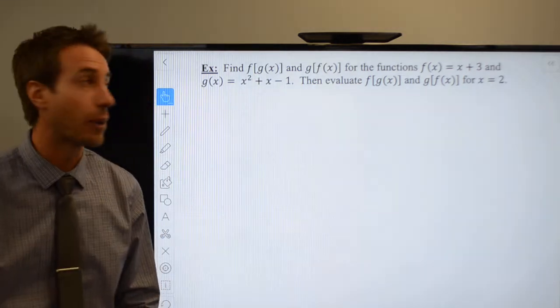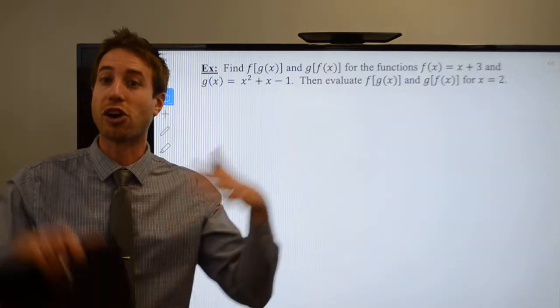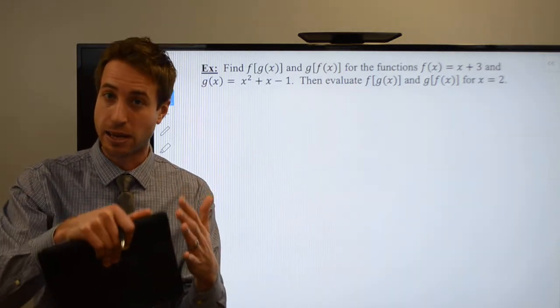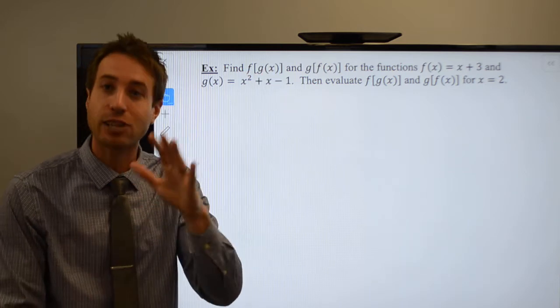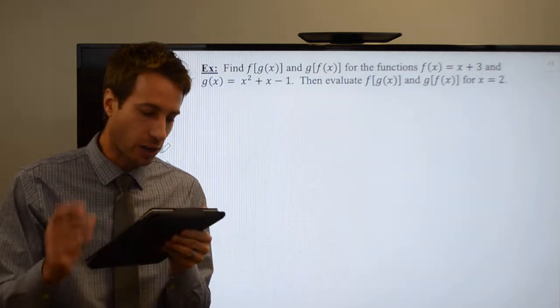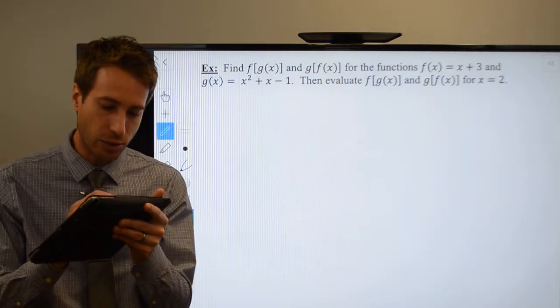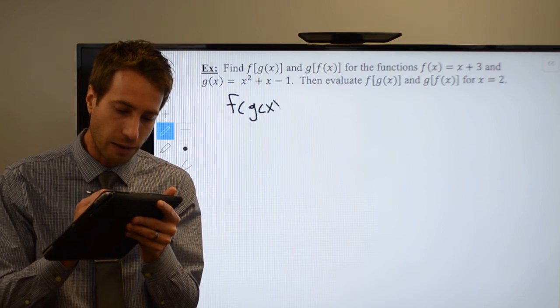It's not going to work that way in this case because you have been given functions. So we're going to work outside in this time. So in order to do f of g of x, I actually need to start with the function f. So here, the first one we're going to do is f of g of x.